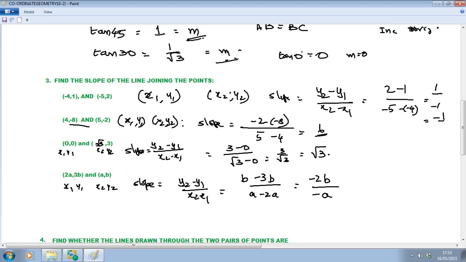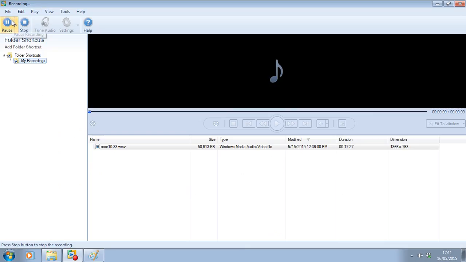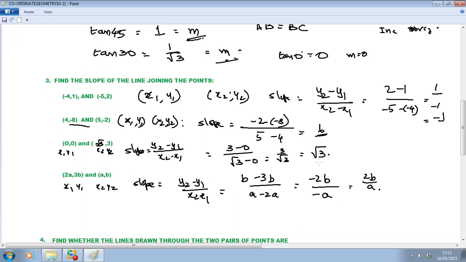So minus minus will get cancelled. The answer is simply equal to 2b by a. So we'll move to the next problem.